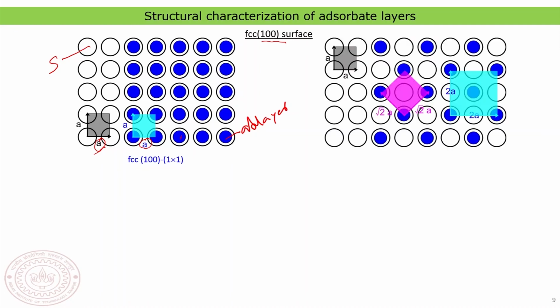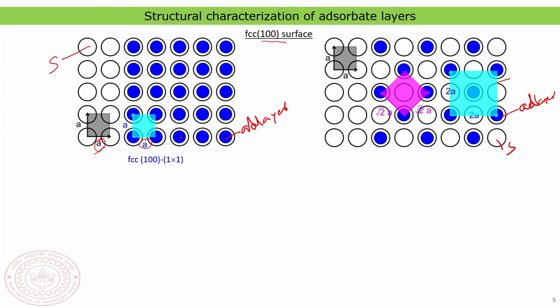Now if you take a slightly more complex surface, here again you have the blue as the adlayer atoms, and this is the surface. In all the cases that I am going to discuss, it will be the same. I can represent the adlayer using two different types of cells, either the blue cell, which is a little larger, or the magenta one.